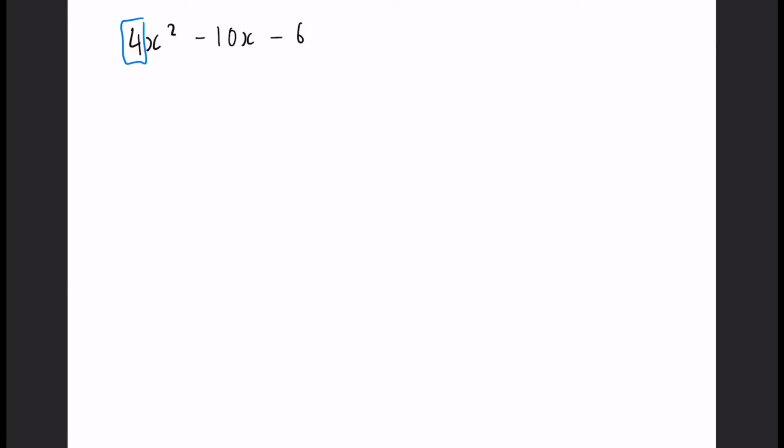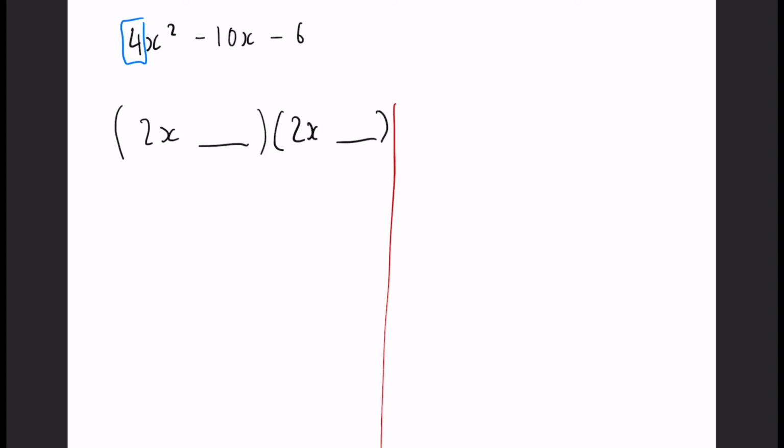When it comes to other numbers, such as 4, 6, 8, and so on, at the front of those brackets, we could either have 2x something and 2x something, or we could have 4x in the bracket with x. Now this is why it's difficult, because you don't know which scenario you're going to be using.